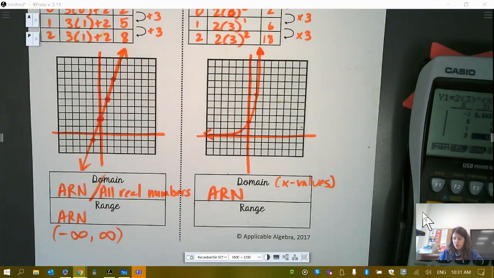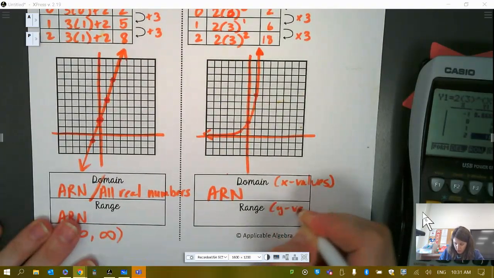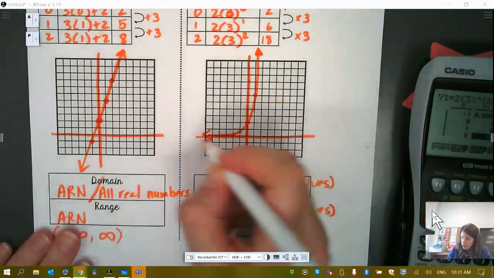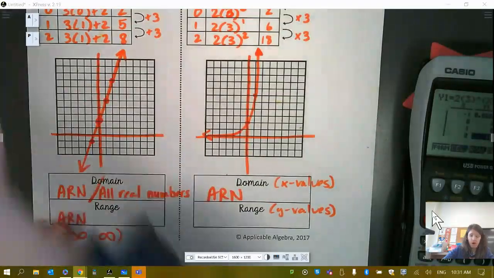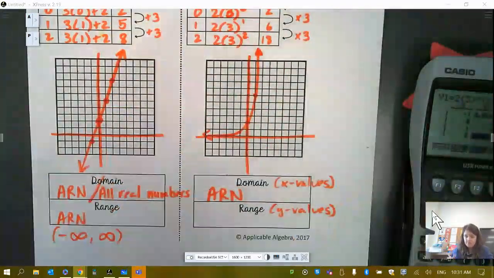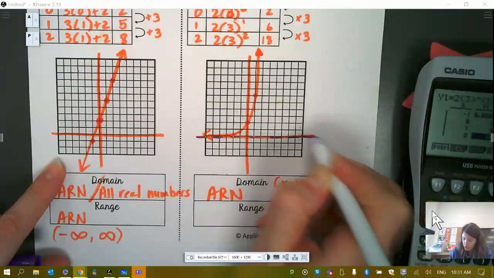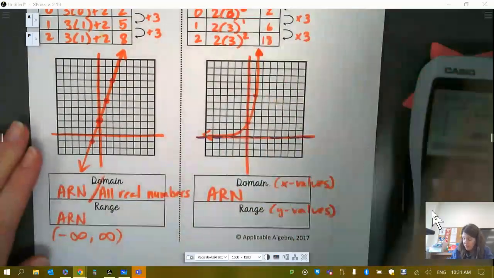But the boundary for the range, or the y values, does have a limit. It does not go past 0. It doesn't even touch 0. And so this boundary, the asymptote, is important when you talk about the range of an equation, because there's an invisible line here which it will not cross. That's called the asymptote.